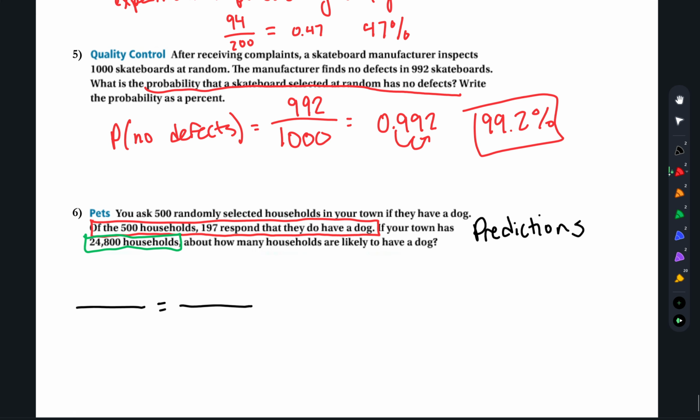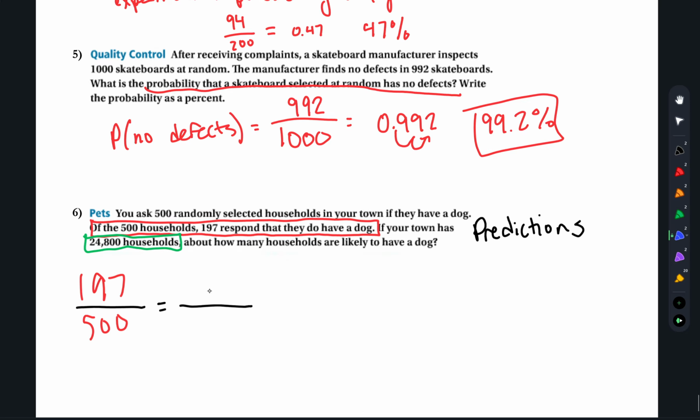So, the first part of my proportion is going to be to set up the experiment that they ran. They collected a small sample size. 197 out of 500 households had dogs. That's the entire left side here, okay? People that have a dog versus the people that were surveyed.